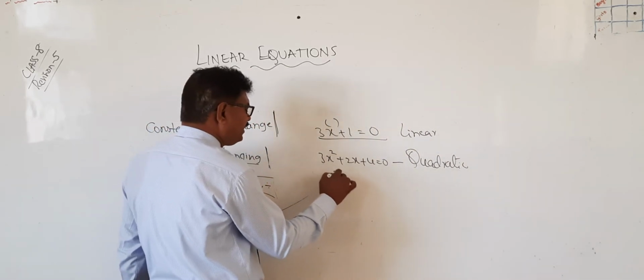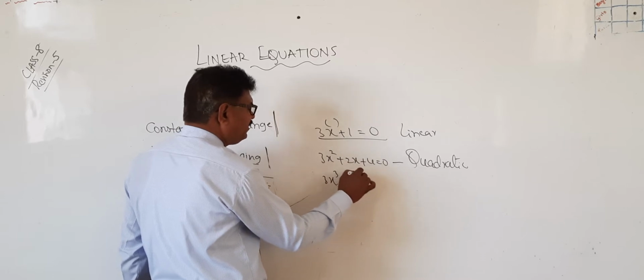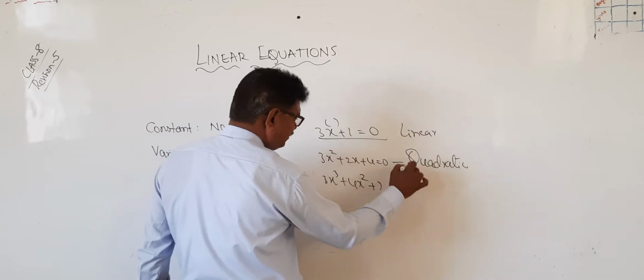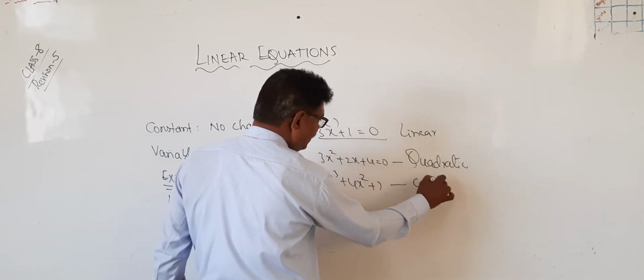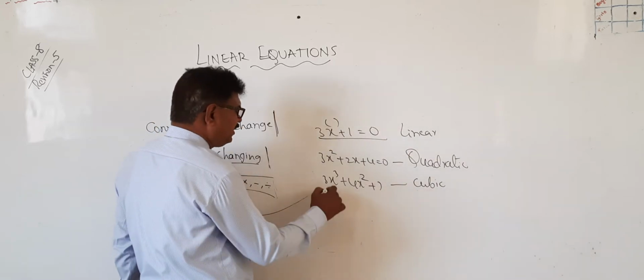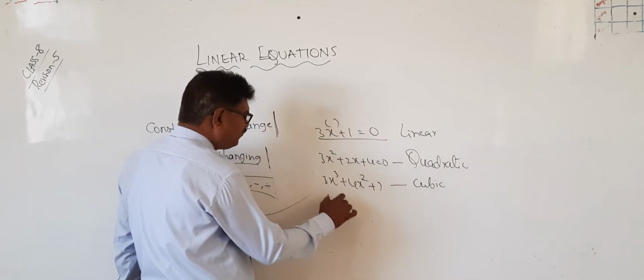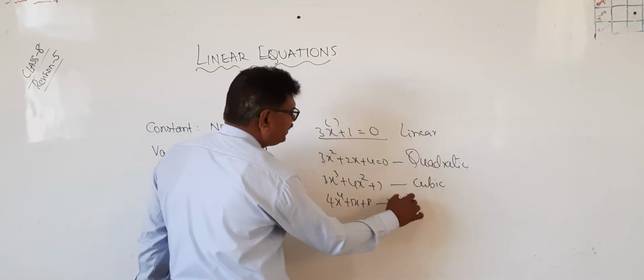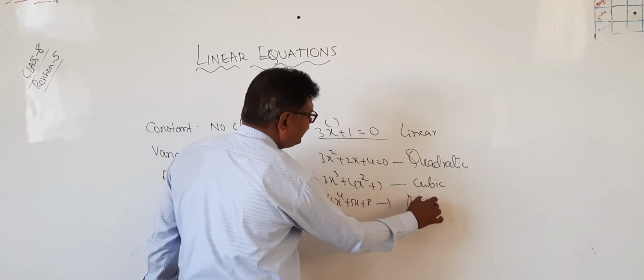If the degree is 3, then it is nothing but a cubic equation. Next one, if it is 4, then it is nothing but a biquadratic equation.